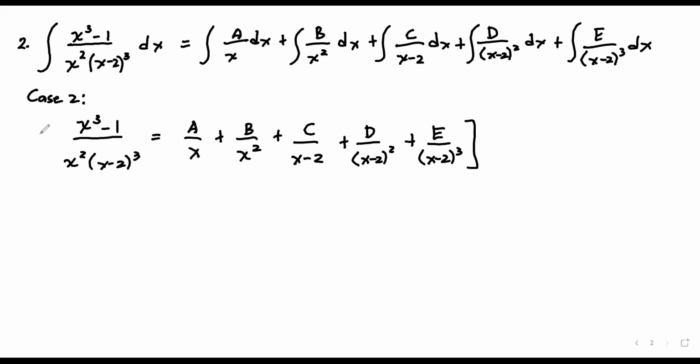Then, to solve, we're going to multiply both sides by the LCD, which is x squared times the cube of x minus 2.